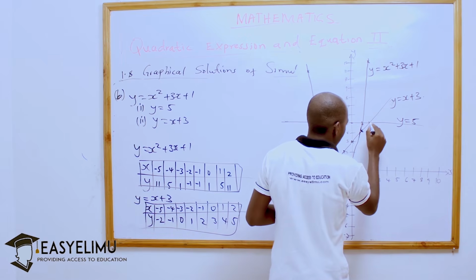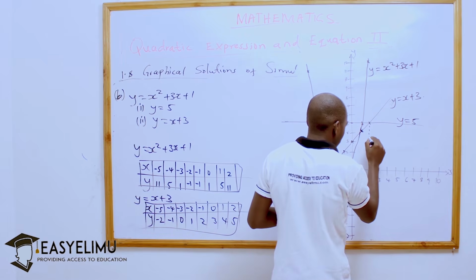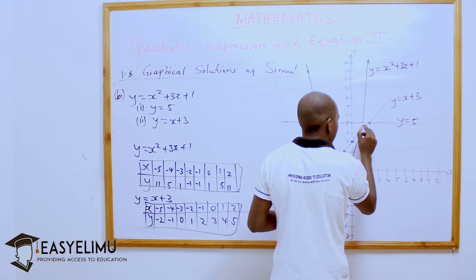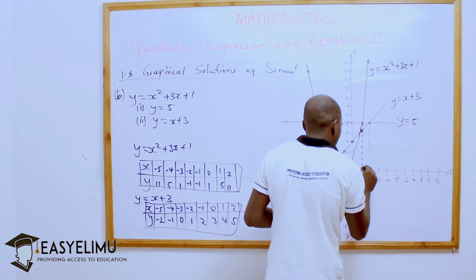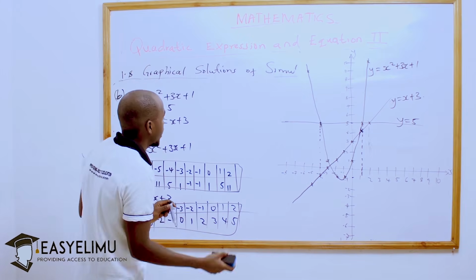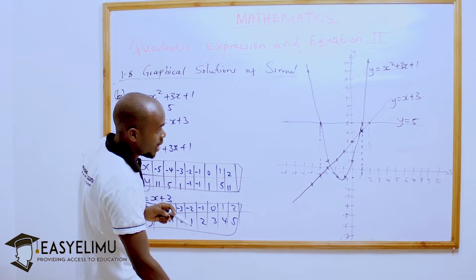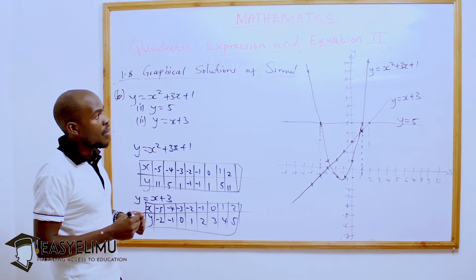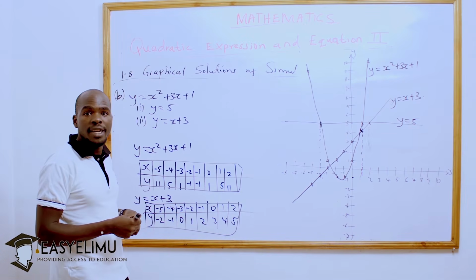So we are finding that for the first one, we can give out the point where y equals 5 cuts the curve y equals x squared plus 3x plus 1.